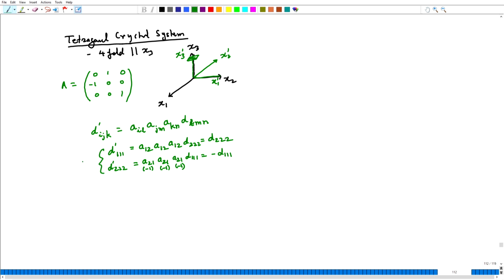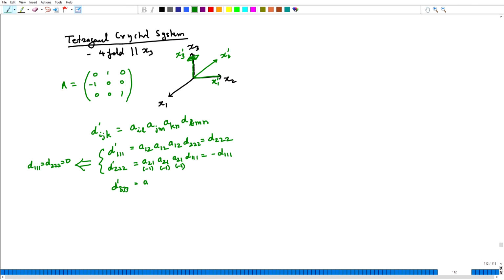Clearly, the result of this would be that d111 equals d222 equals 0. This is because if I do a rotation of 90 degrees, the tensor must remain unchanged, and the only way that is possible with the kind of result I have got is both the components have to go to 0. Let us also calculate for d prime 333.